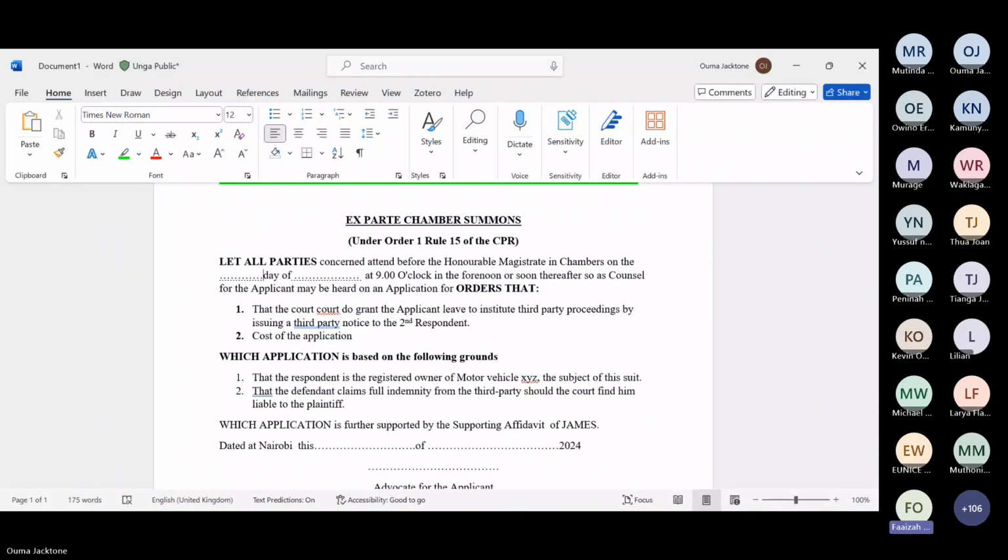Like you wrote there at 9 o'clock, is that also that precise, or is it going to be decided at the registry? Because you said the date, but what about the time that is written there? Now, the time is usually the standard time for a court. Courts normally open at 9 and they run until around 2. And that is why you say 9 o'clock in the forenoon or soon thereafter. So you don't know what time, but courts operate from 9 to 2.